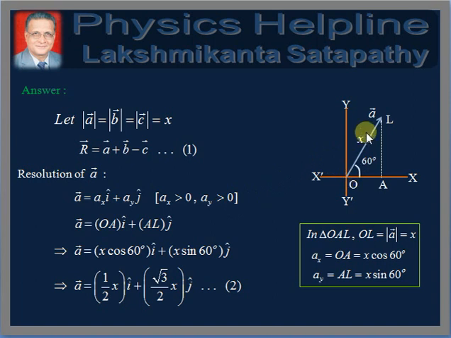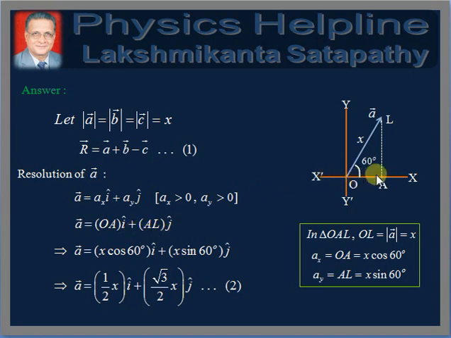Now in the figure, OL is our vector A, which has the x component OA, that is Ax, and y component AL, that is Ay. Therefore we can write vector A is equal to OA into i cap plus AL into j cap.